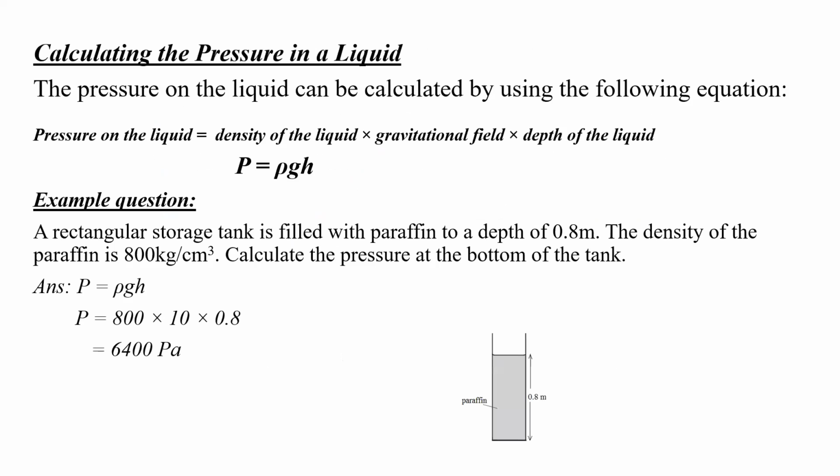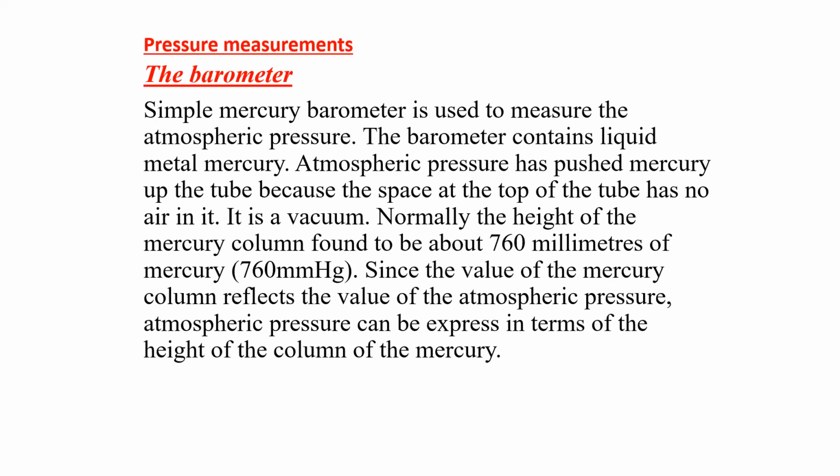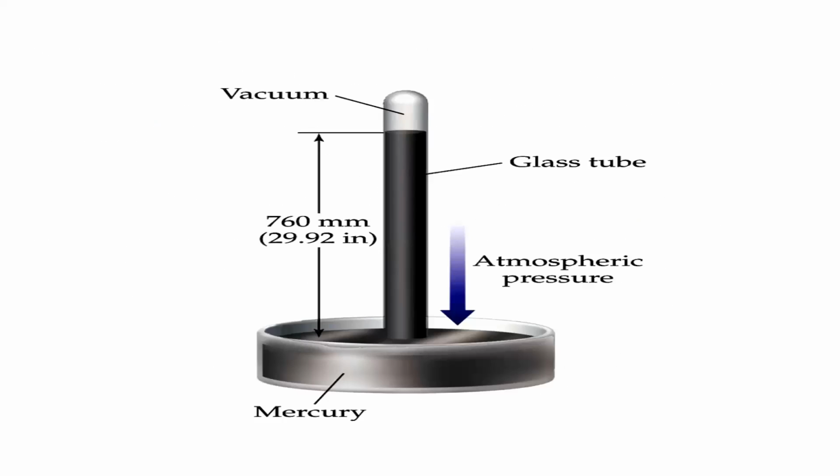We can calculate the pressure exerted by the liquid by multiplying the density of a liquid with gravity and depth. Then measuring the pressure, how we can measure the atmospheric pressure or which device. We use a mercury barometer, the simple concept of mercury barometer. It's an indirect way of calculating the air pressure. The air particles try to push this mercury, so it will rise in the tube.